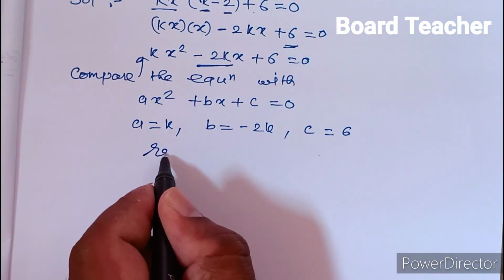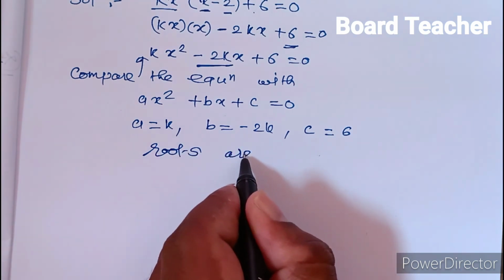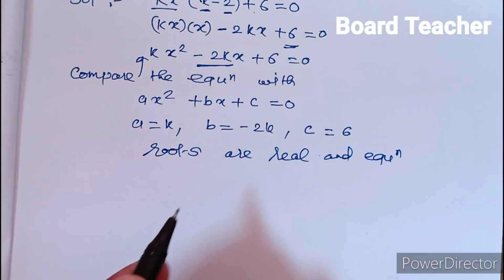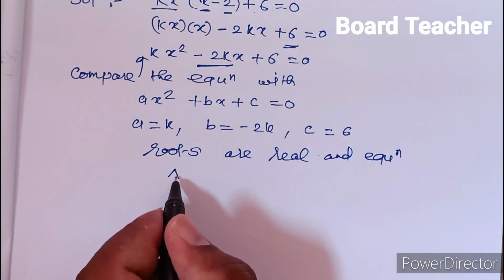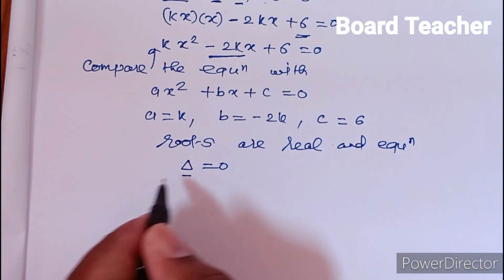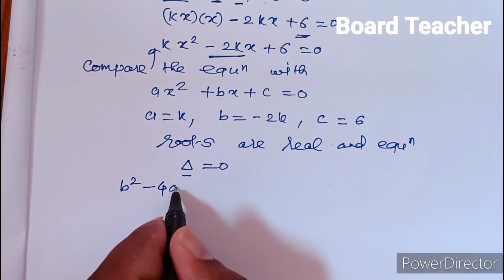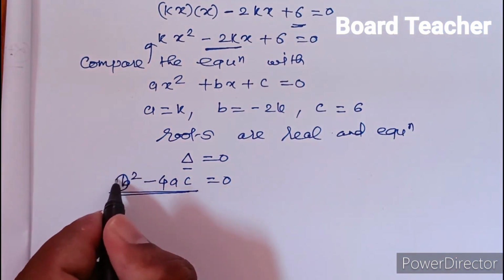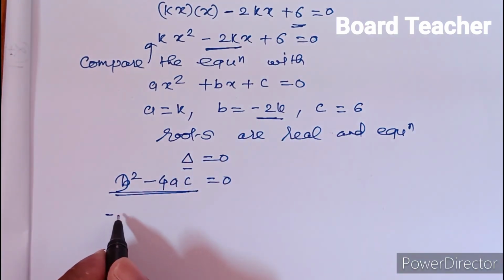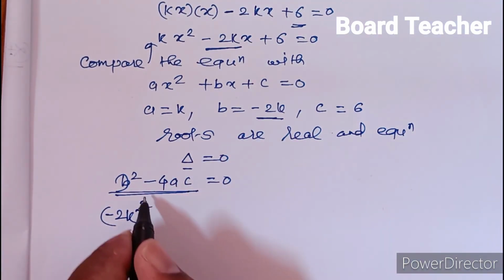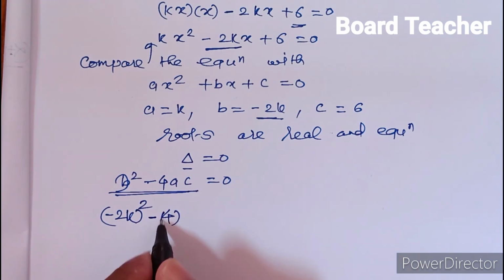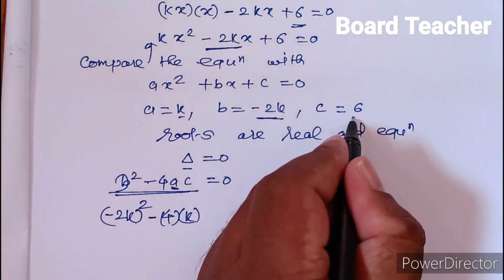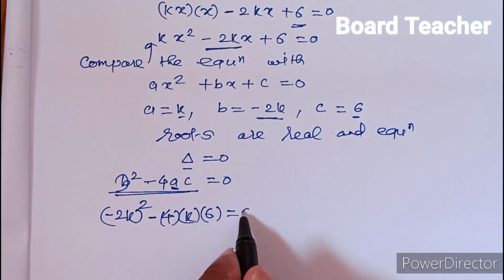Given that the roots are real and equal, the roots are real and equal when and only when delta equals 0, and delta is b square minus 4ac equals 0. The value of b is minus 2k, so write minus 2k whole square, minus 4, the value of a is k, and the value of c is 6, equals 0.